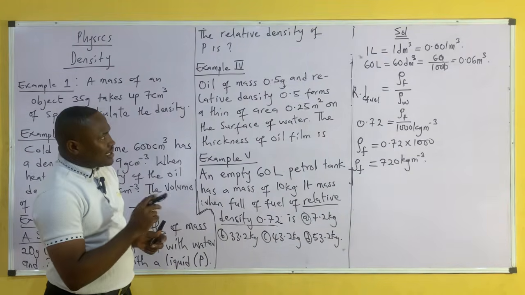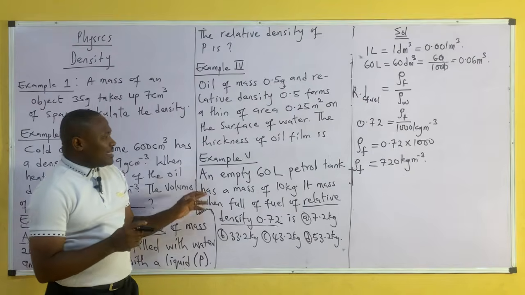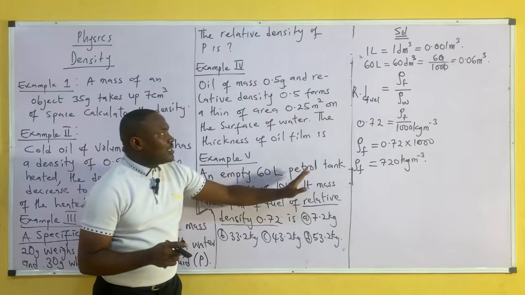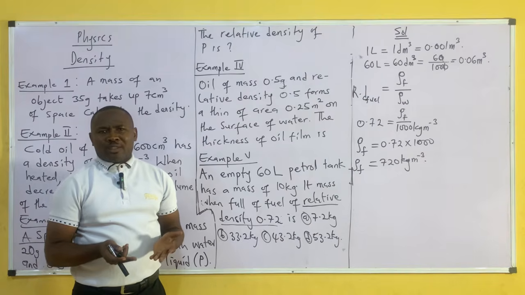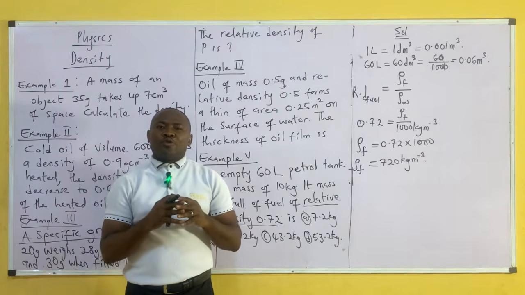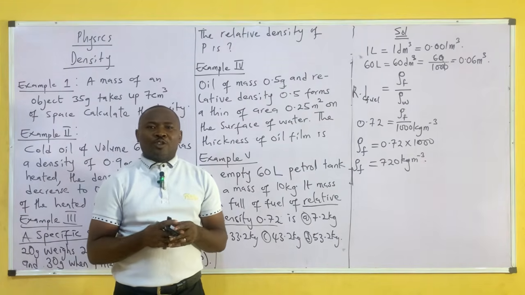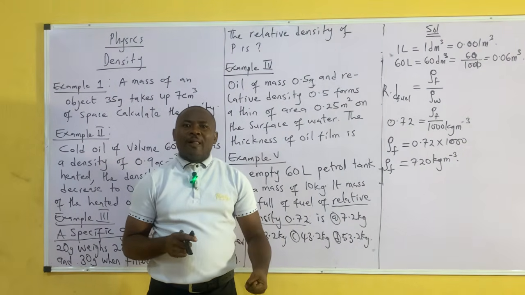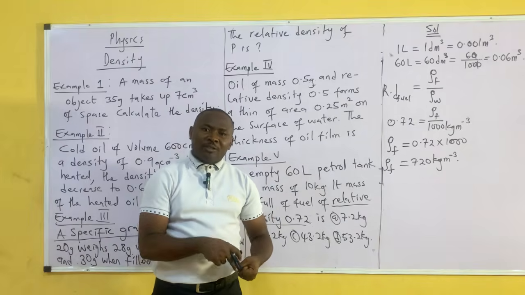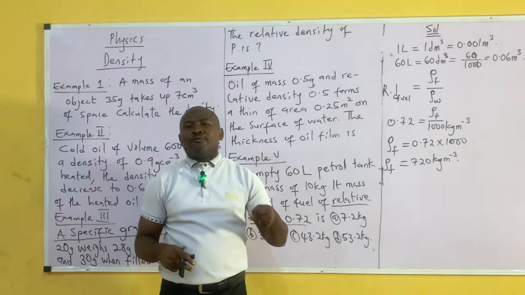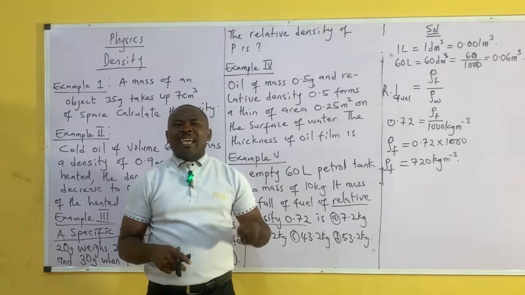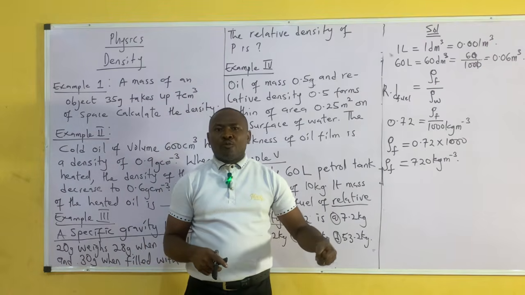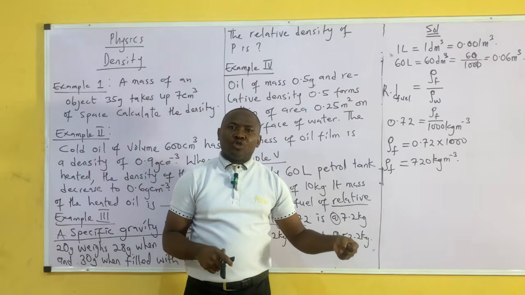Now that we have the density of the fuel, remember that we have the volume of the tank. What about the volume of the tank? If you go to a fuel station with a 20-liter gallon or a 20-liter container, when you want to fill the gallon, the volume of liquid you can buy is the same as the volume of the container you took there.